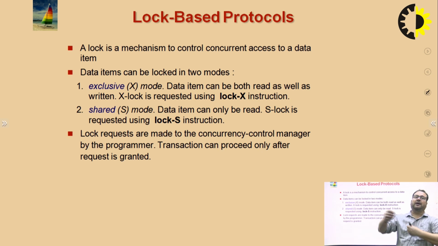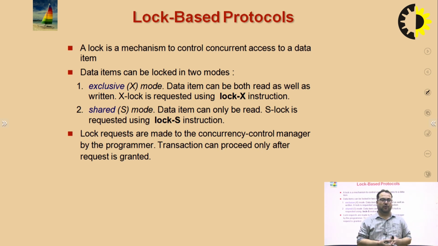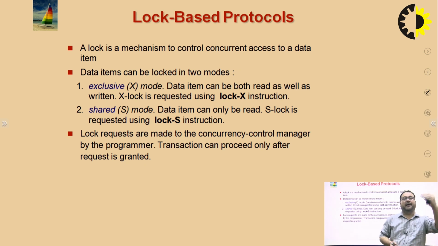So what is the lock based protocol? Before that, the two-phase locking protocol is used for concurrency control. Let's see what a lock is. A lock is basically used to lock a data item.